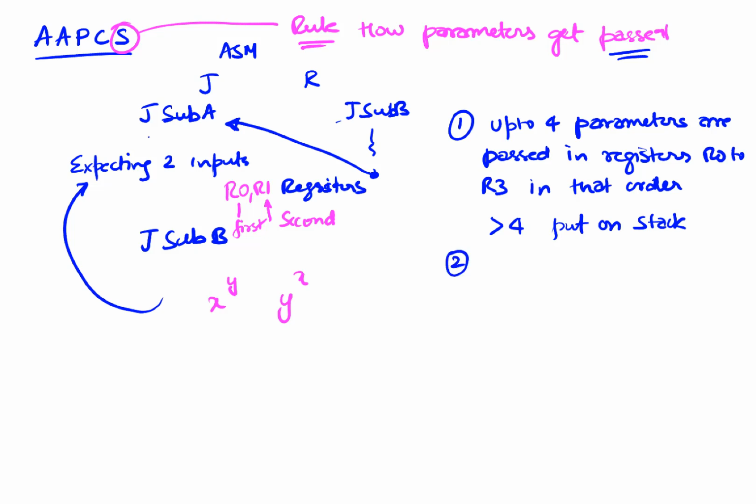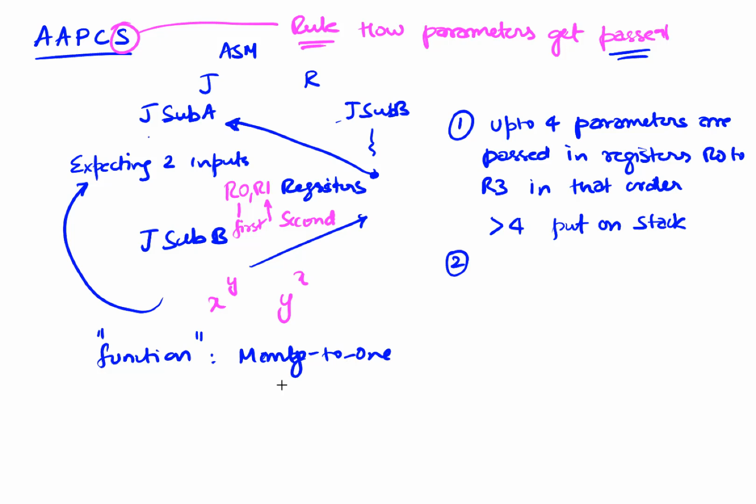Now, the second rule is we pass information back and forth. It's not just that I call you, but you send me a result. You have to return something. Exactly. So we also have to agree on how information is passed back. In keeping with the notion of a function, functions only return one thing. A function is defined as a many to one mapping.